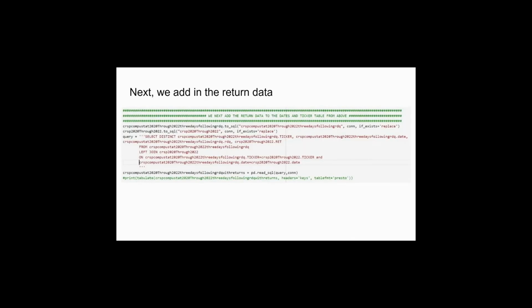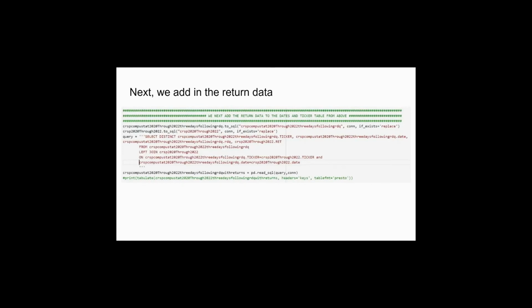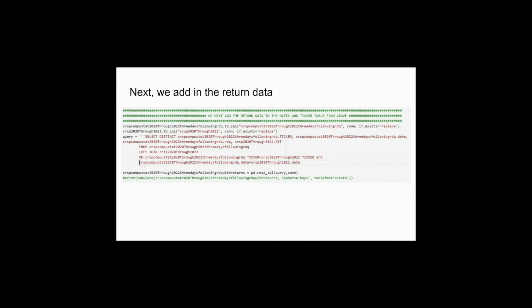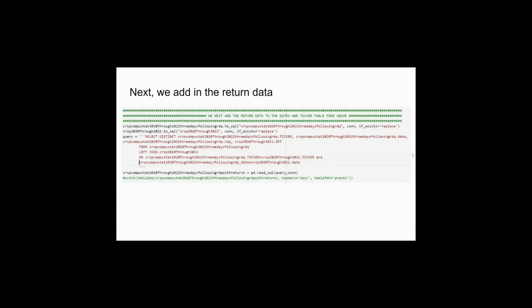And as you can see, that's what we did here. We have ticker equals ticker, and date equals date. The first line here corresponds to this table, and the second line corresponds to the CRSP daily data, 2020 to 2022. Then, as you can see here, we left join this table on the CRSP daily return data, and we add in the CRSP return.